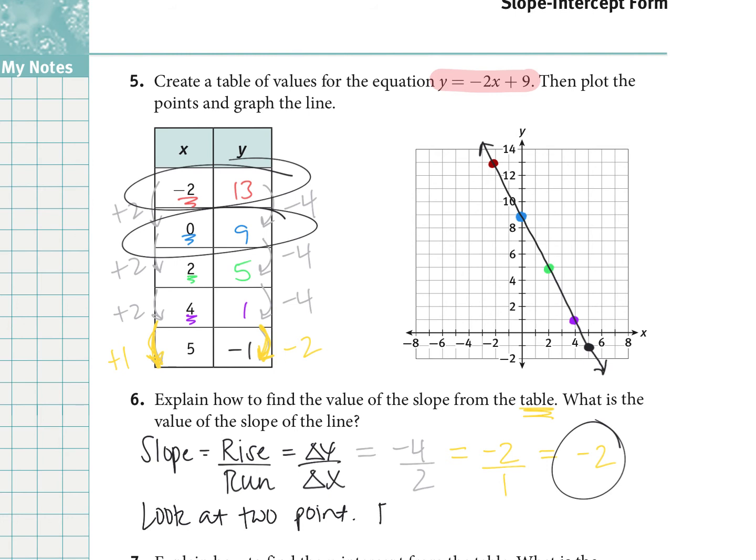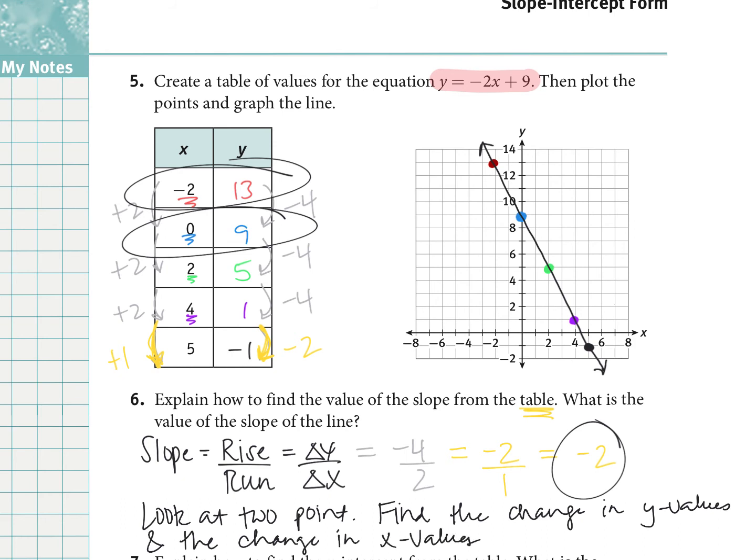We're going to say, find the change in y values and the change in x values. And then the last part is write as a ratio. Now, maybe some of you forgot what ratio is. Remember, that's just a fraction. We're having something on top as well as having something on bottom.